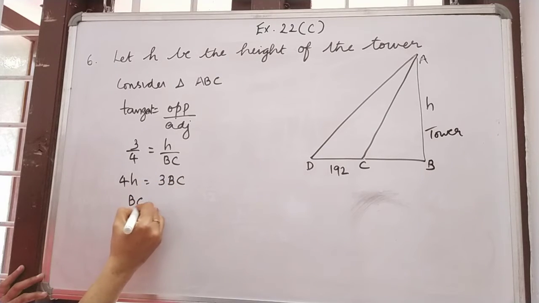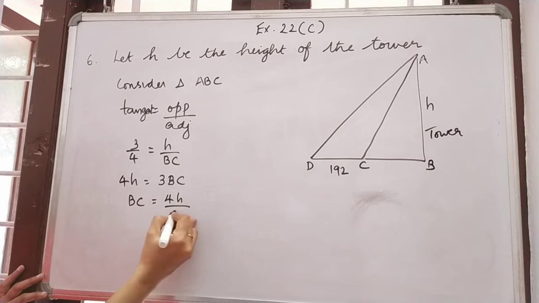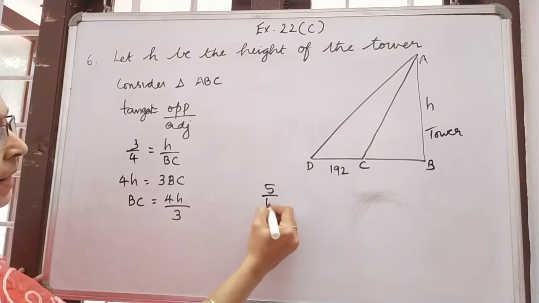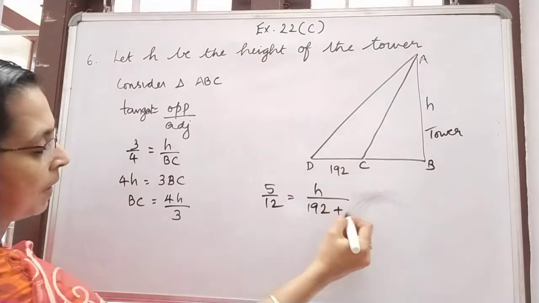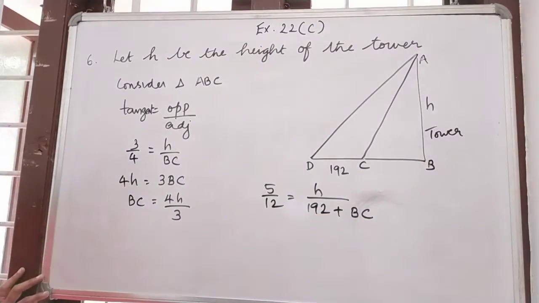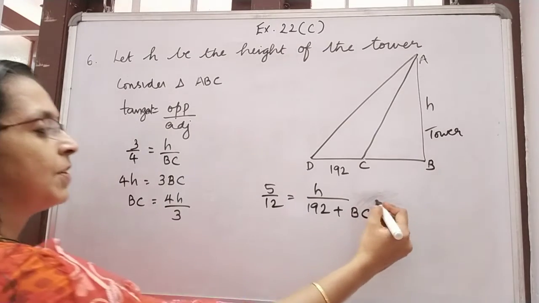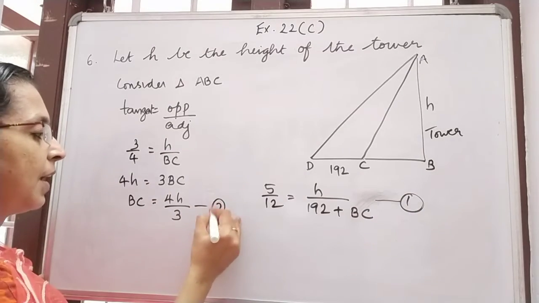From there BC is equal to 4H divided by 3. The first equation we already got is 5 by 12 is equal to H divided by 192 plus BC, and this is the second equation.